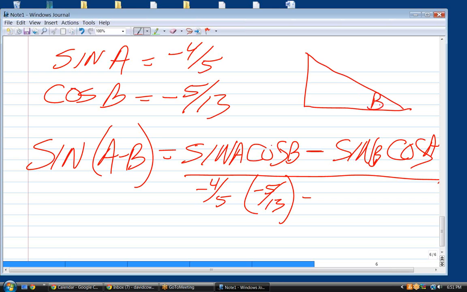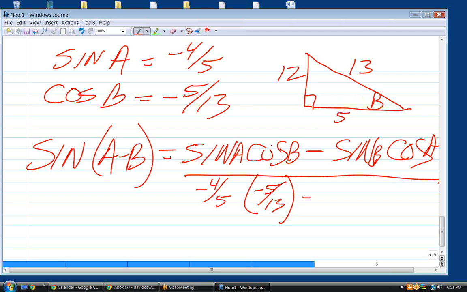This is B. So how can I dimension that triangle? So it would be a 3, 4, 5? No, it would be 5, 12, 13. That's the part we can dimension. And now I use the Pythagorean theorem to come up with that side as 12. It's a 5, 12, 13 triangle also. So the sine of B must be 12/13.